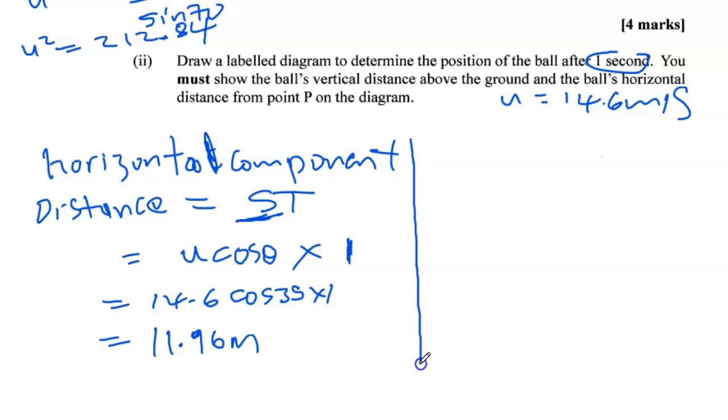Let's now calculate the vertical component. We can use the formula S equals ut plus half at square. This time we're using the vertical component.